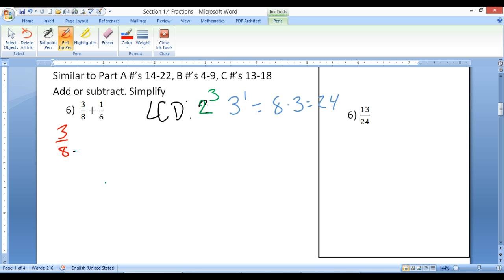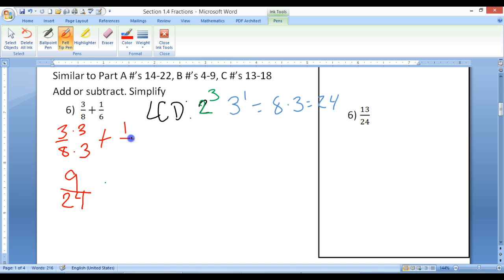So I need to multiply the 8 by 3, and I'm going to work vertically, so I'm going to come down here, which makes it 24. But whatever I do to the bottom, I must also do to the top. So if I multiply 3 to the denominator, I must also multiply 3 to the numerator, which makes this 9/24.